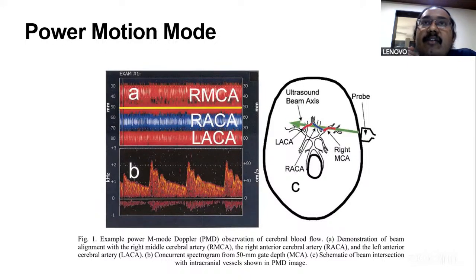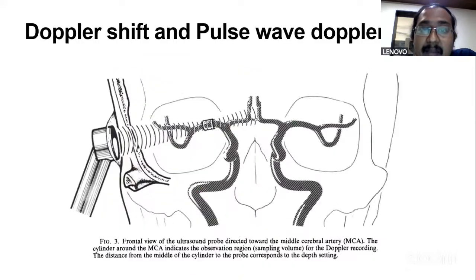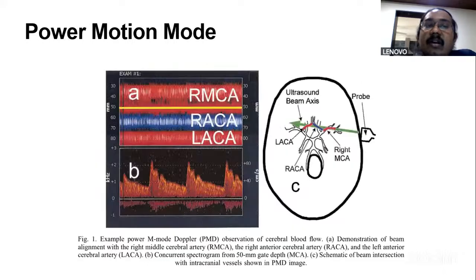Apart from the pulse wave Doppler, we have something called power motion mode. Power motion mode is a new advancement on top of Rune Aslid's initial TCD machine, where en route to the ultrasound beam, whatever intracranial arteries come, all will be sampled and shown in a display.